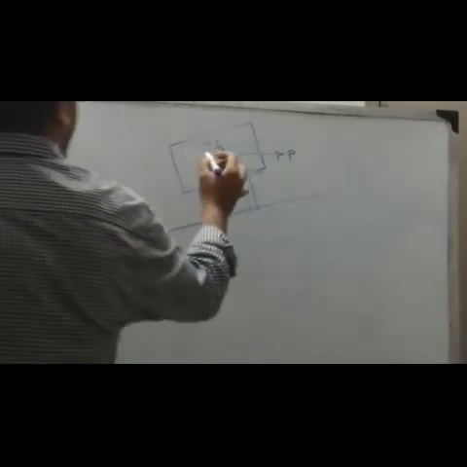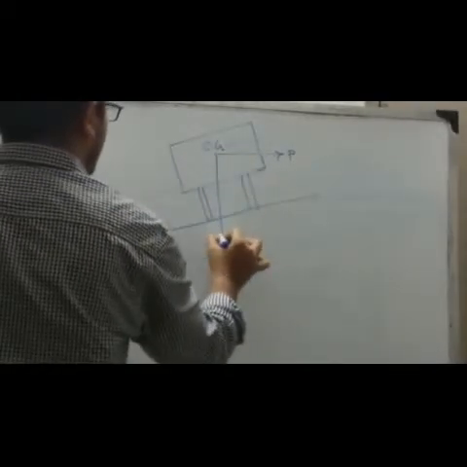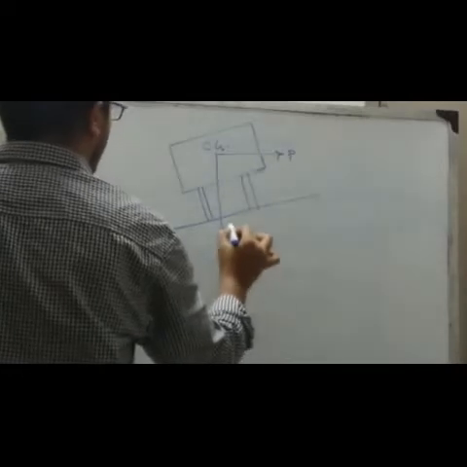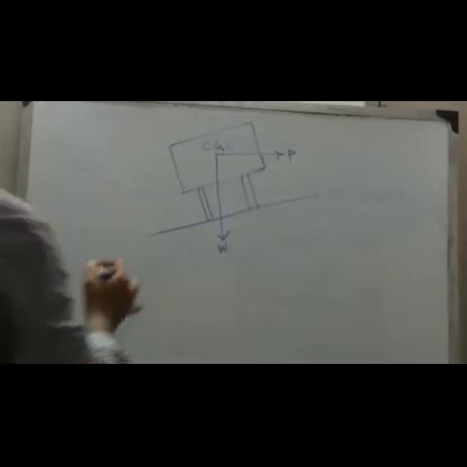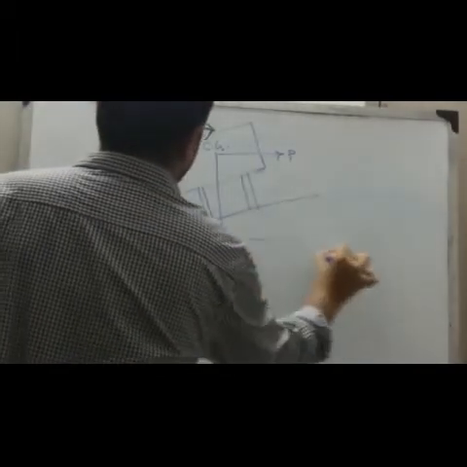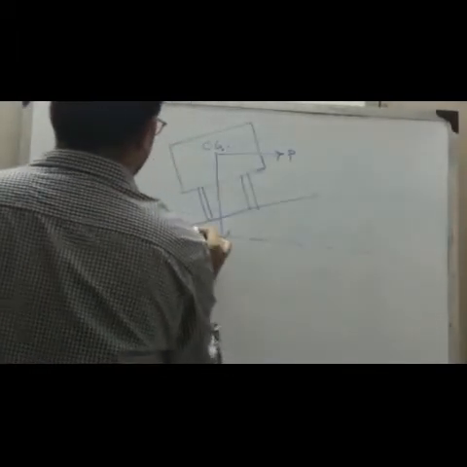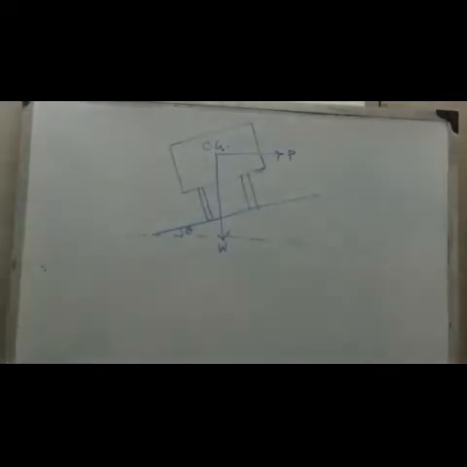Again there is the weight of the vehicle, which is acting through the CG, denoted by W. Now this pavement lies at an angle of theta.